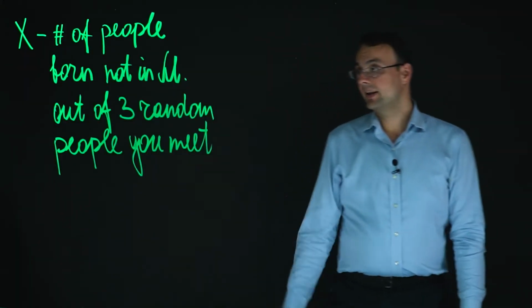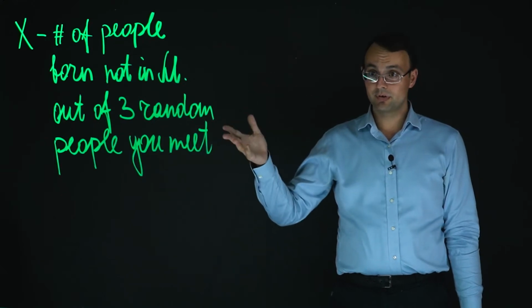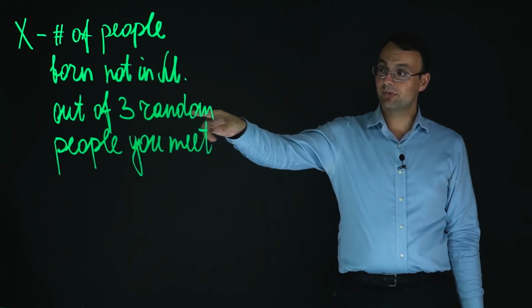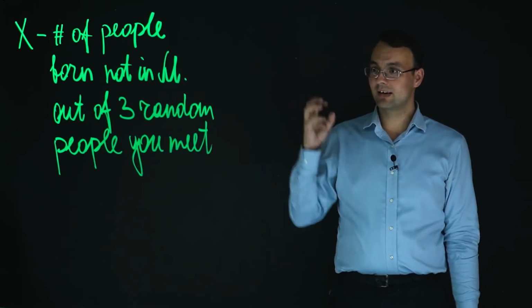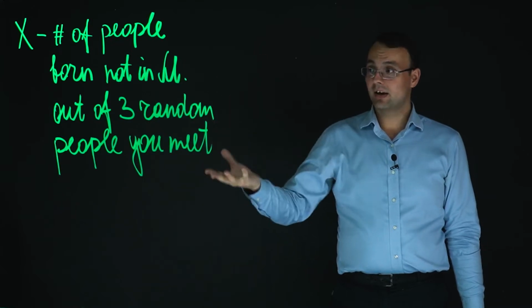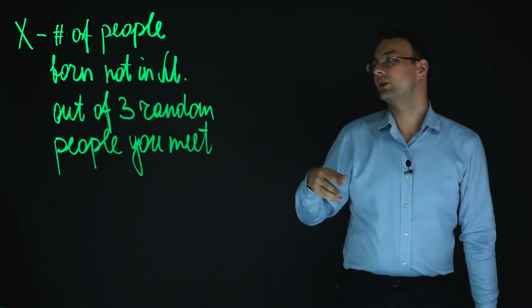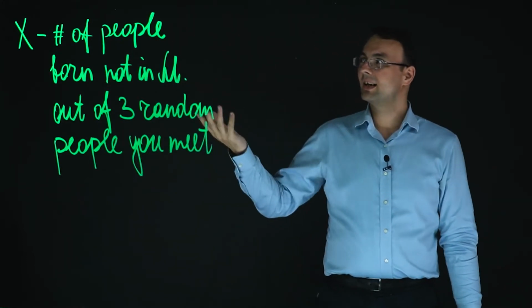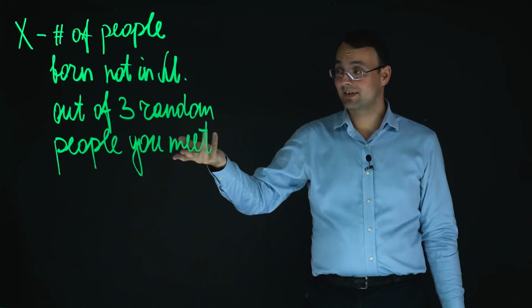So here we have nothing else but a series of Bernoulli trials. So we have a series of 3 trials. Each trial is a situation when you ask a person where they were born and they answer, so in Moscow or not in Moscow. And when they say not in Moscow, this is a success.